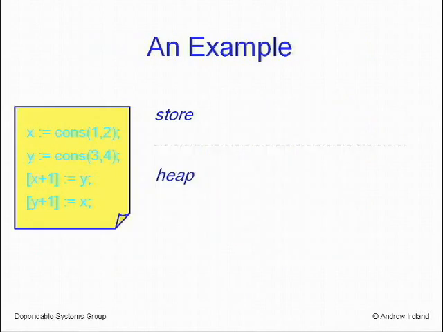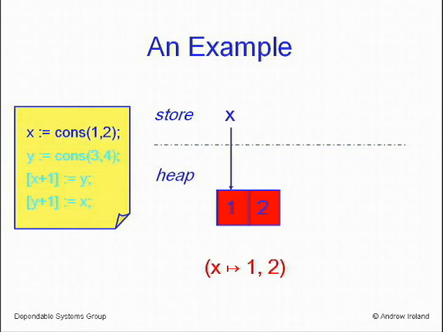I'm going to run through a little example, executing a little program to give you a flavor of how the program relates to the logic, or vice versa. The top here is the store, below the line is the heap. The first instruction is an allocation, represented here by a cons.